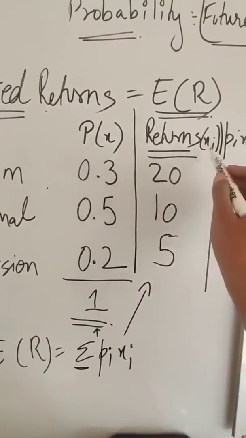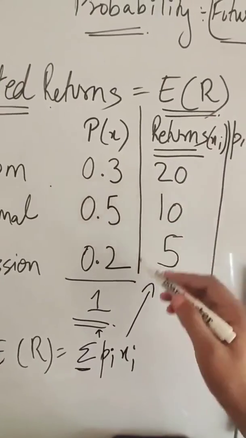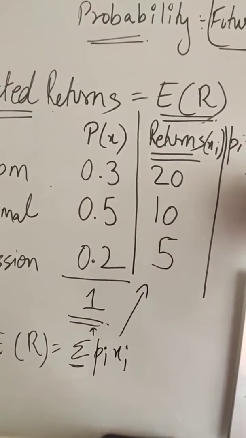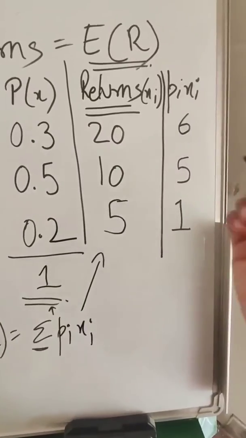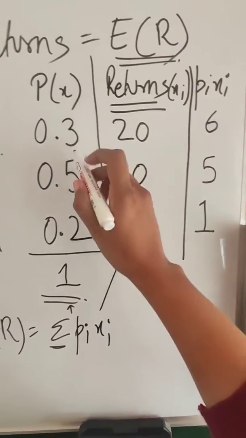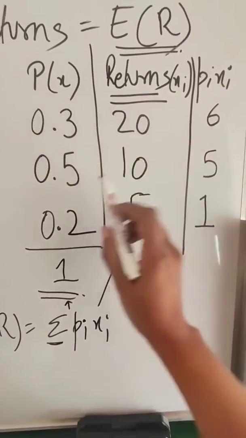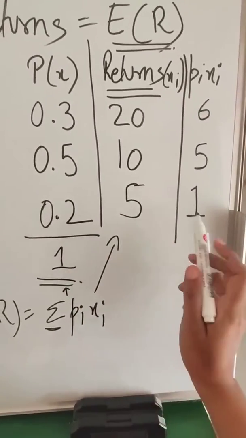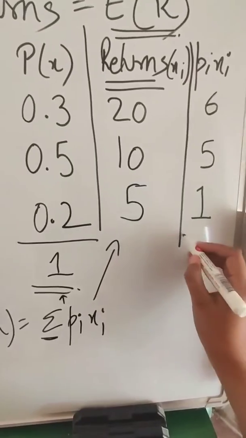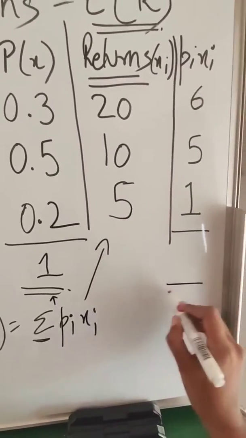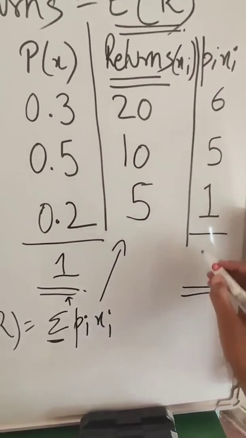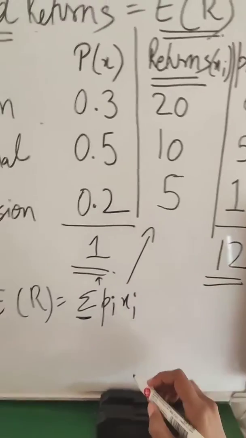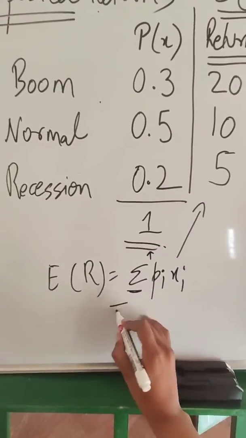Now Pi into Xi: 0.3 into 20 is 6. 0.5 into 10 is 5. 0.2 into 5 is 1. Fine. And I calculate the total of this: 6, 5, 11, 12. And this is my expected return.